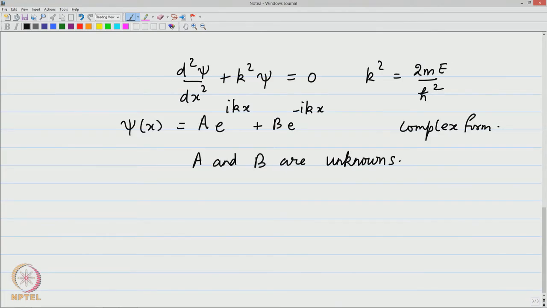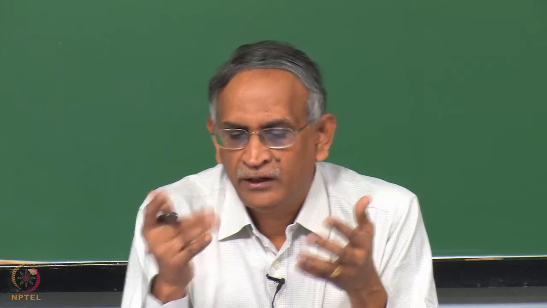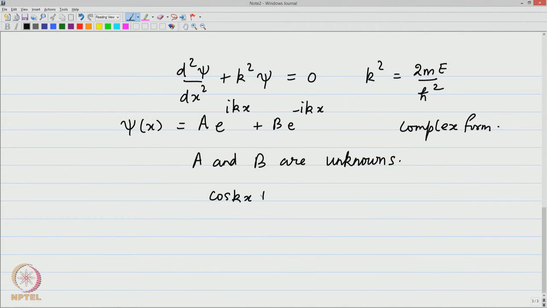That would be very useful if you have a finite boundary, because then it is possible for us to impose the boundary conditions. We can't do that here simply because e to the I kx never goes to 0. It is cos kx plus or minus I sin kx. Therefore, these two functions do not go to 0 for any single value of x or kx. This function is never 0, it is always oscillatory, and it is also complex. So, this is the general solution.